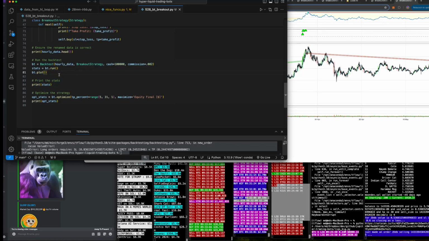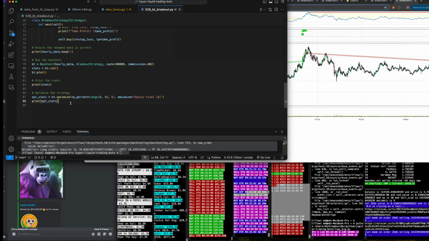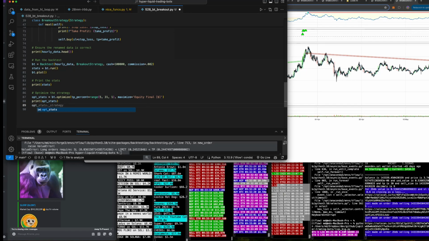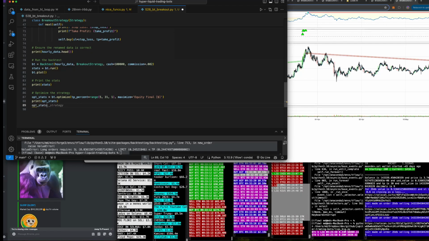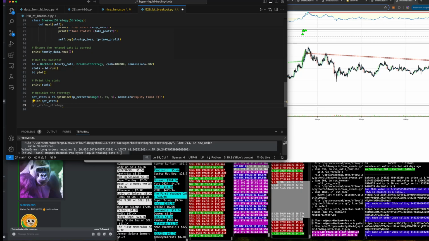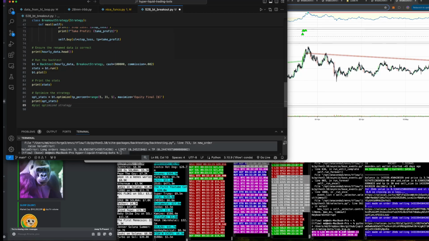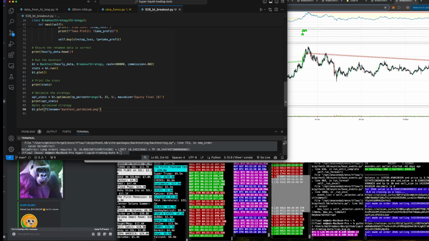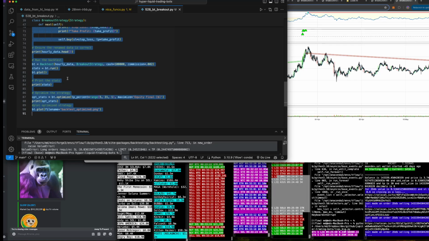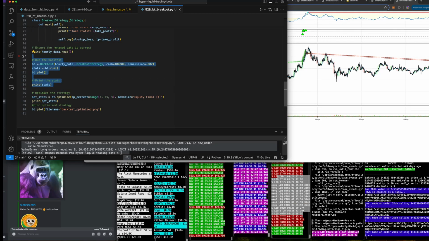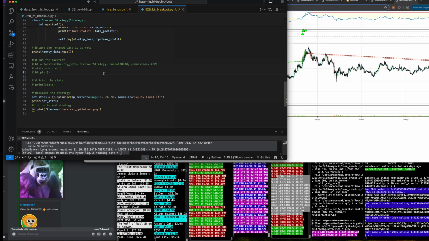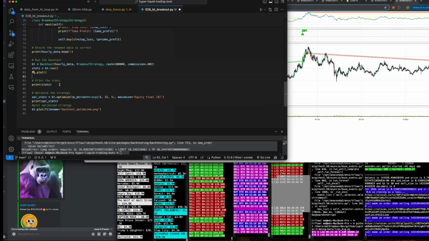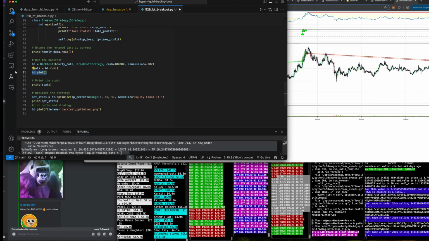This one here. bt.plot, opt stats plot, opt. Okay, sick. I'm gonna delete this part. That's profitable. Sick. Whoa, I can't do that. I'm gonna delete this plot.